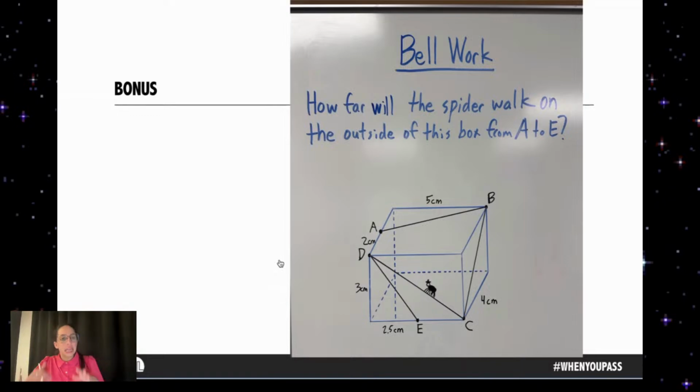And if you were taking a test, it would tell you that this is a rectangular prism. So we know that all of the corners or edges are 90 degrees. This combines our understanding of rectangular prisms with Pythagorean theorem and distances.